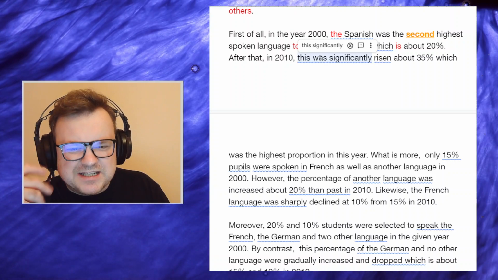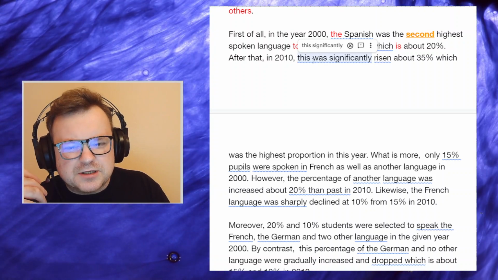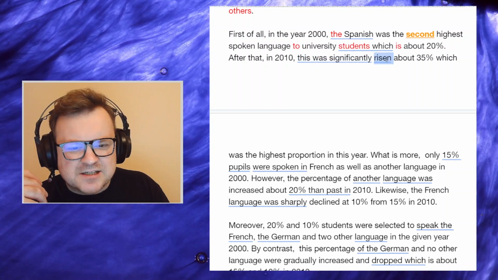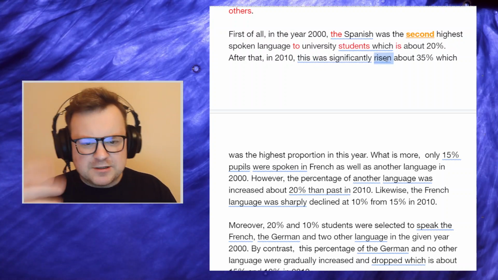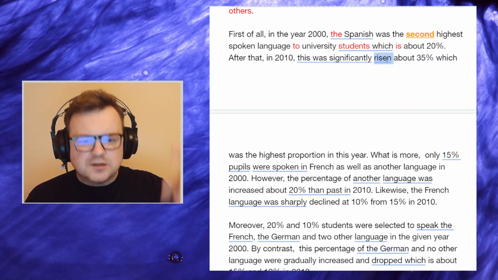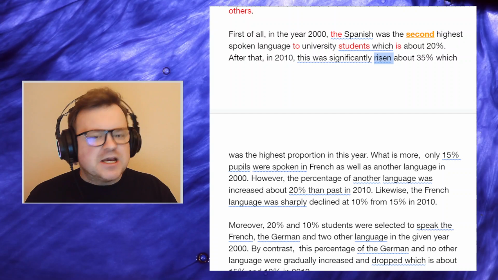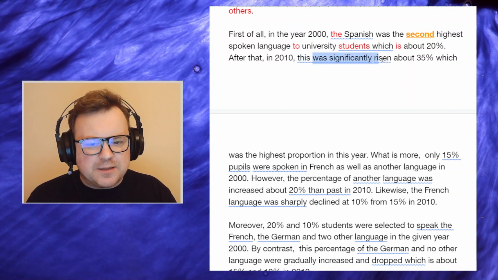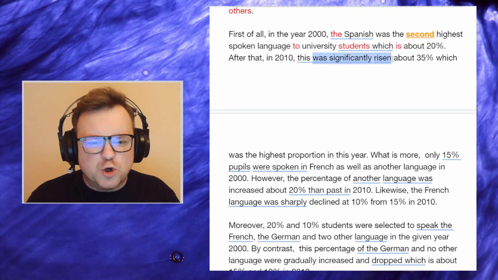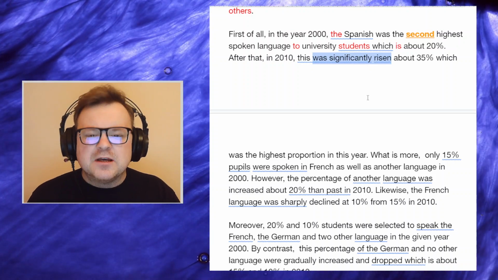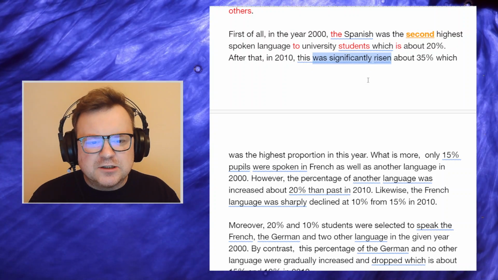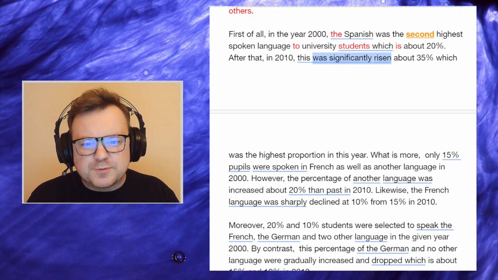This significantly rose, but we don't use rise in the passive. So rise is a verb that doesn't have any object. We call them intransitive verbs, and we don't use intransitive verbs in the passive. So this rose to, I think that's fine. This rose significantly to about 35%.